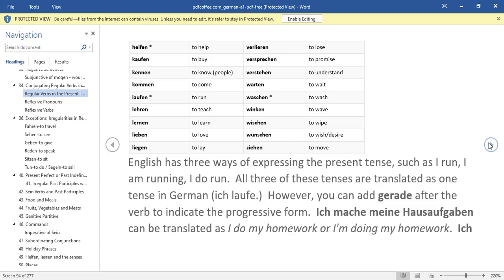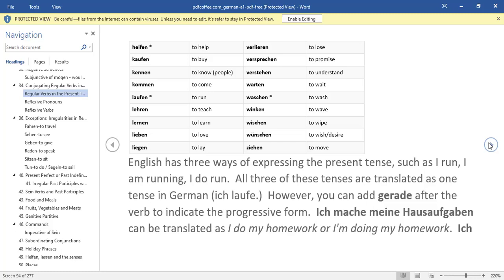Okay, so in German, sentences are normally not fixed. However, you can add gerade after the verb to indicate the moment. For example, ich mache meine Hausaufgaben can be translated as I do my homework. Mache, we have looked it up there. It means to make something or to do something. So ich mache, I do. Meine Hausaufgaben. Meine is my.